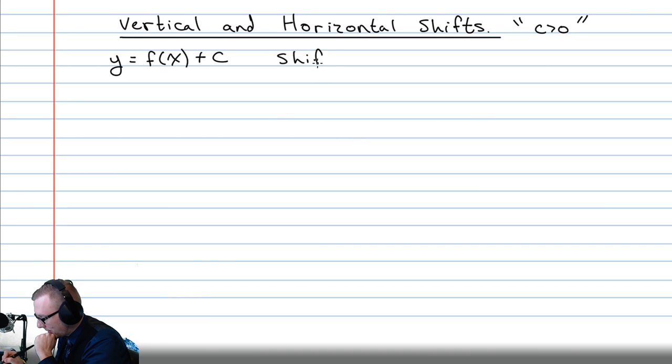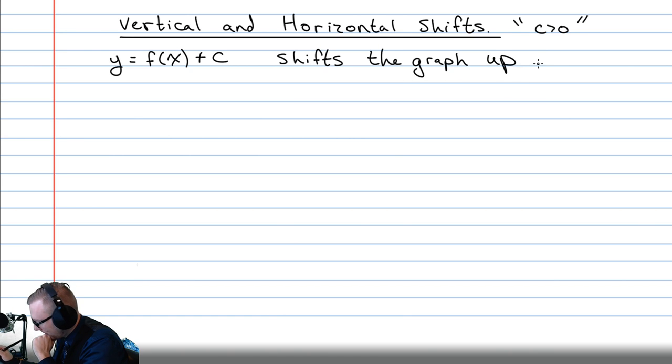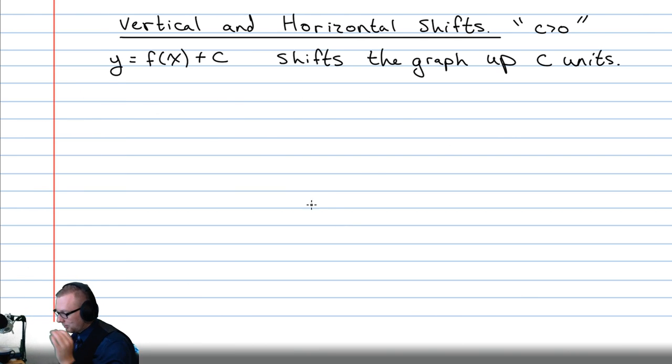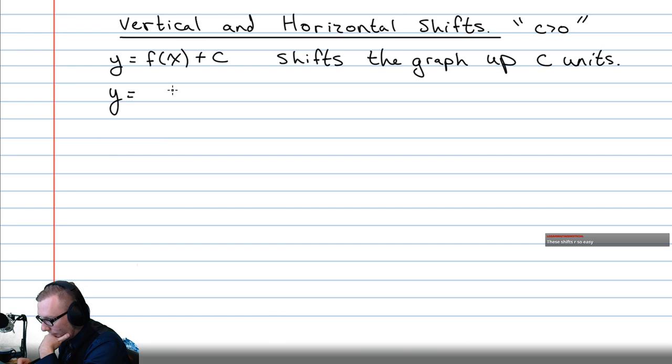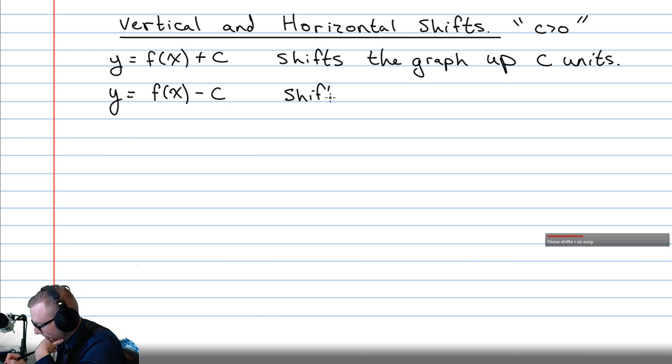That shifts the graph up C units. I'm just gonna write out all 4 and then I'll explain it to you. They're easy shifts. F of x minus C shifts the graph down.